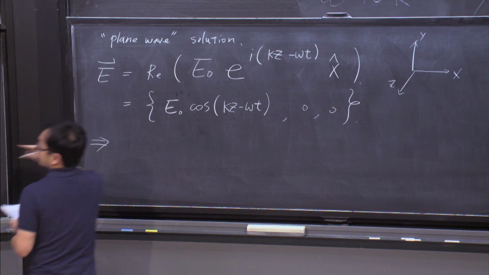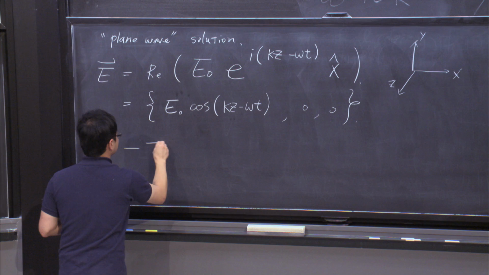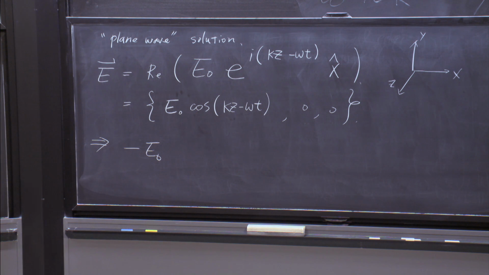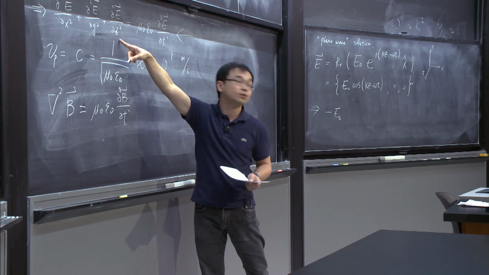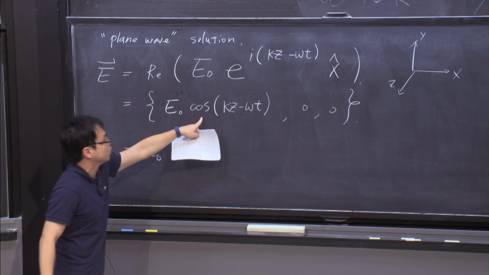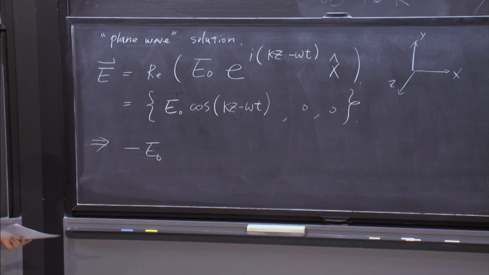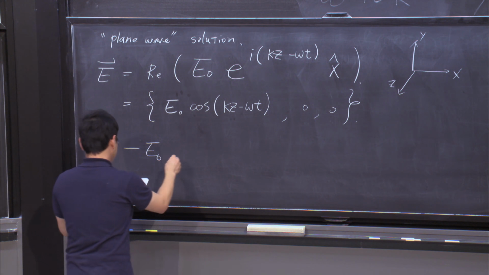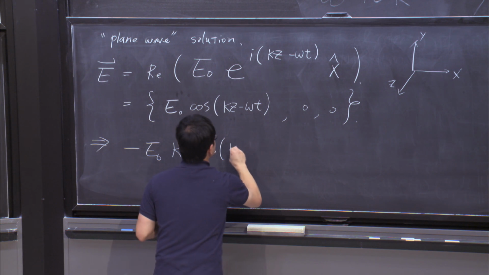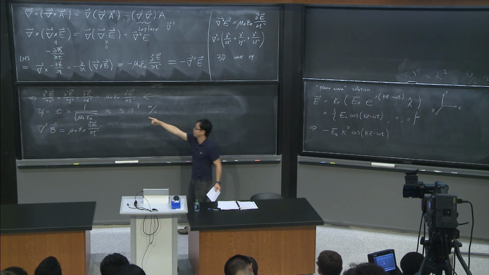On the left-hand side of the equation, you will get minus E0. Only one term contributes, the partial squared E partial z squared term, because the magnitude of the electric field only depends on z and t. Therefore, you get minus E0 k squared cosine(kz minus omega t) on the left-hand side of the wave equation.